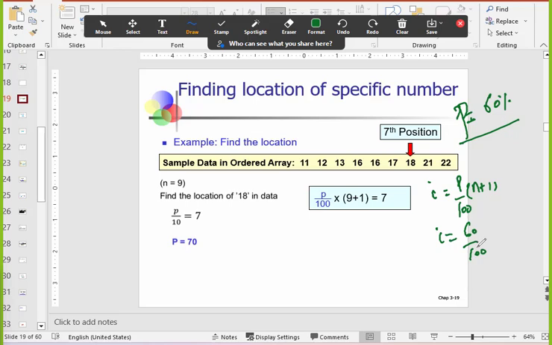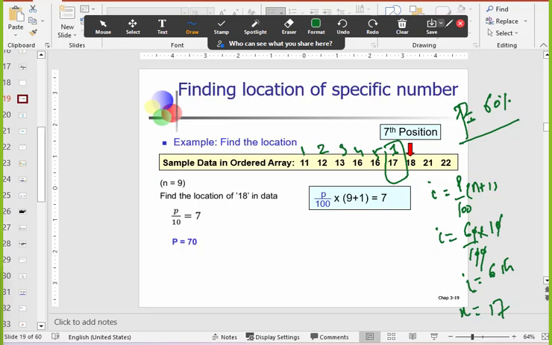So I is the 6th position number. So I will count them: first, second, third, fourth, fifth, sixth. So this is the number 17. So x is equal to 17 is a number which is on the 6th position and it is bigger than 60% of the data. I hope you understand now.